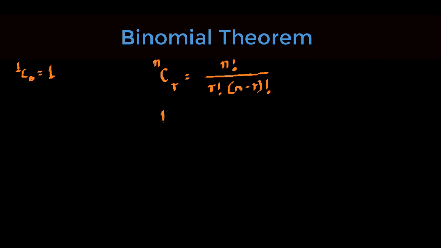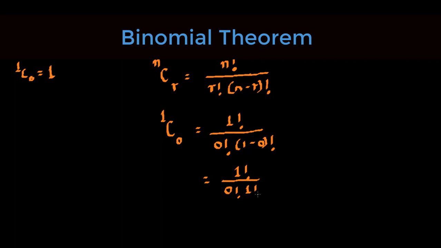So if I have to calculate nC0, this will be 1 factorial over 0 factorial times (1 minus 0) factorial, which is 1 factorial divided by 0 factorial times 1 factorial.